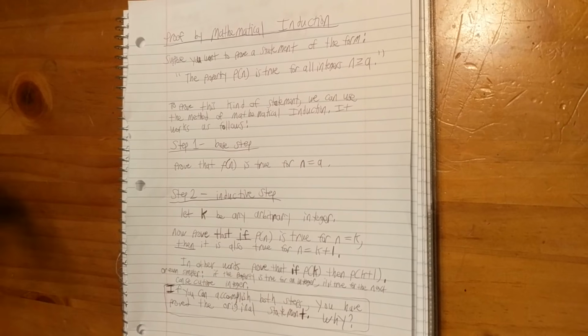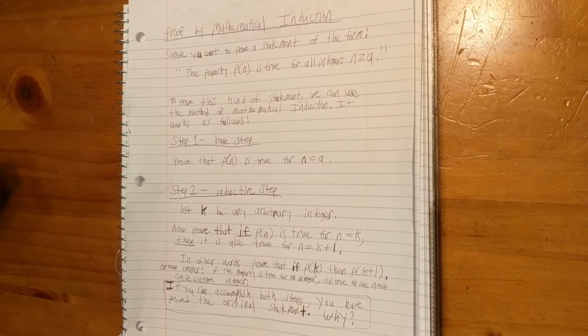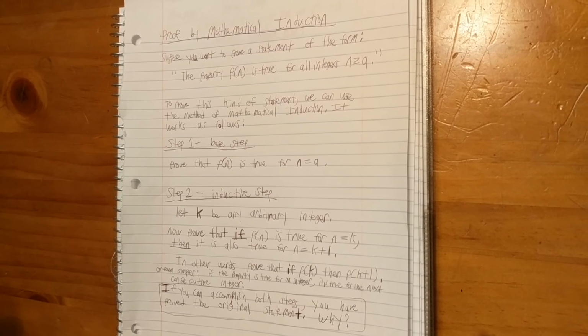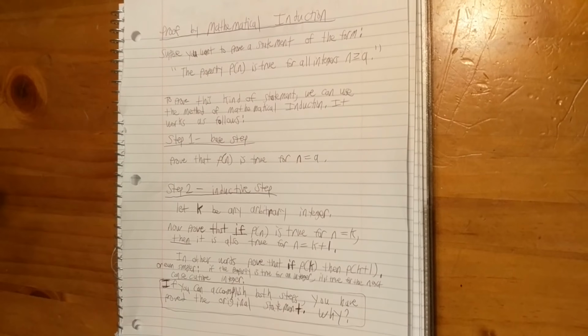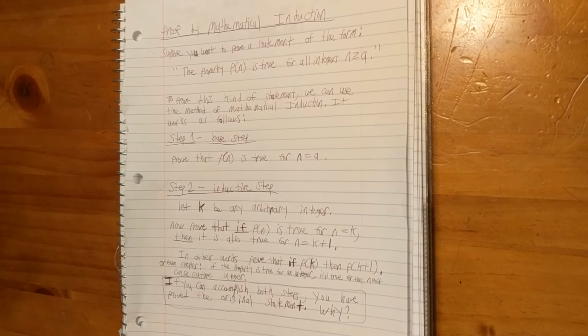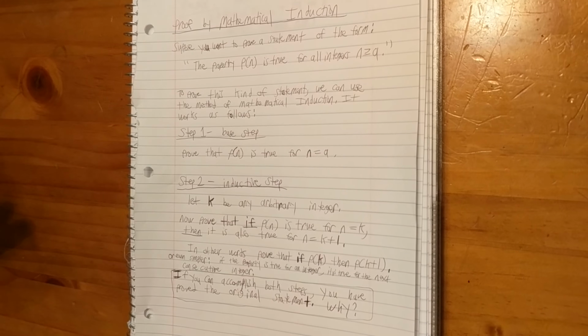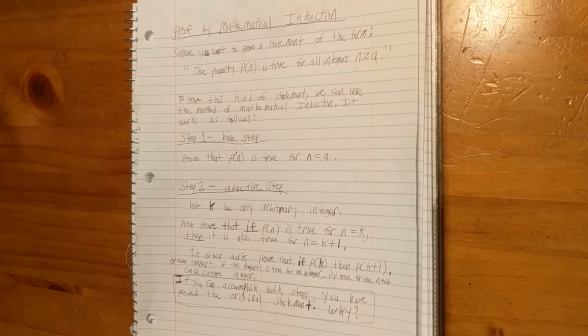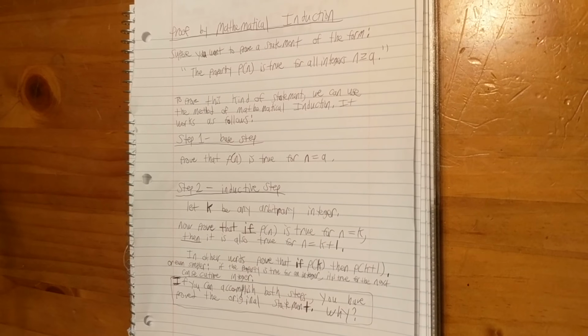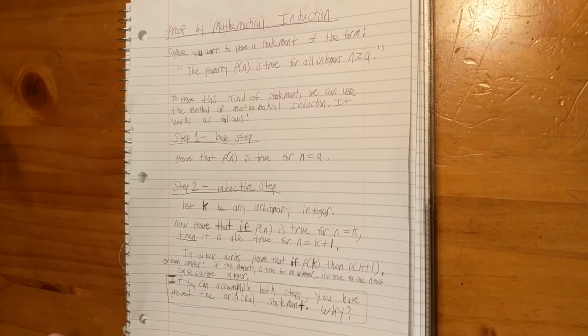This sounds a little complicated, but what it's saying is that if the statement is true for a specific integer, then it's also true for the next consecutive integer. That's what you have to prove. So if it's true for 3, then it's also true for 4. If it's true for 7, then it's also true for 8.